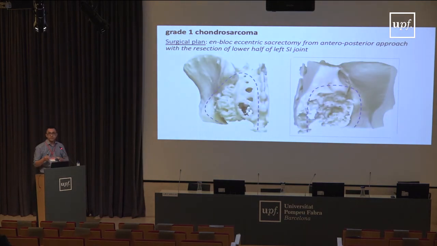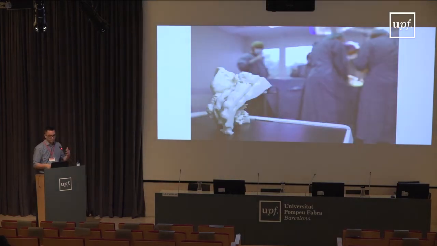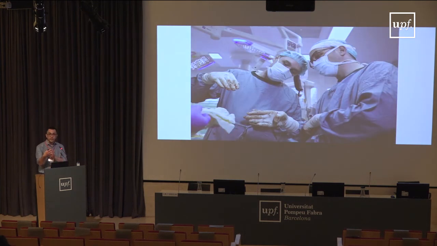But now we have the 3D printing technology, and we use 3D printed models for planning and for understanding the situation. And not only before the surgery, but the model is in the operating room. During the surgery, we always ask the nurse or the assistant to rotate the model to see where is the bone, where is the resection, where we are actually.